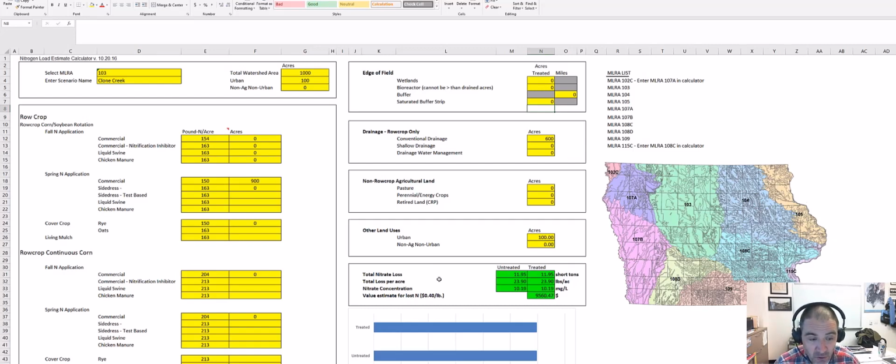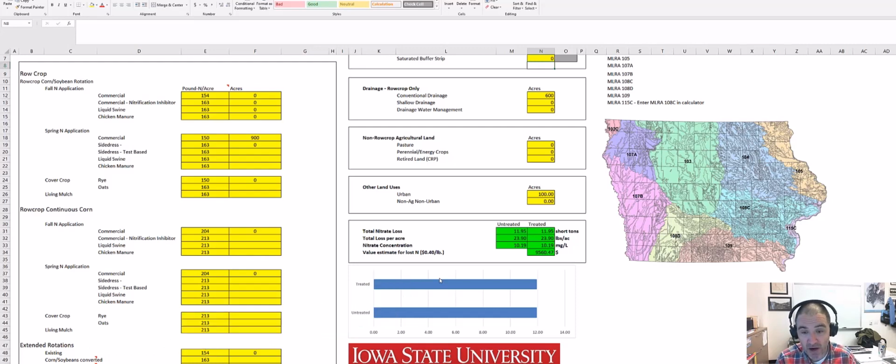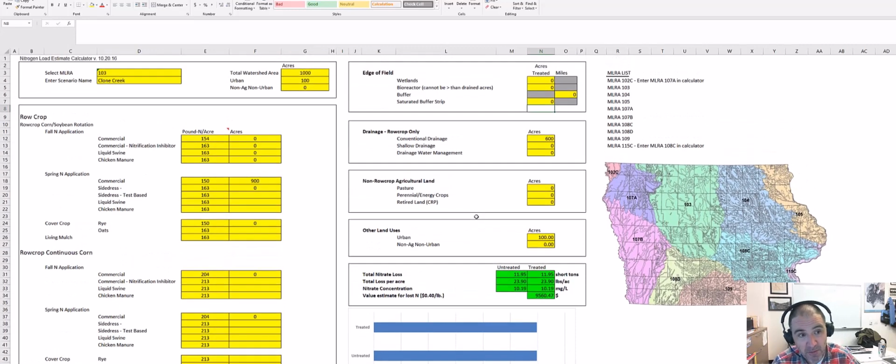So hopefully this can be a tool you can use to look at the various impacts of different management practices individually or in combination, both in-field and edge-of-field practices, and look at the way that they may impact the nitrate nitrogen that's leaving that watershed area or that field area, depending on the size of the watershed you identify.